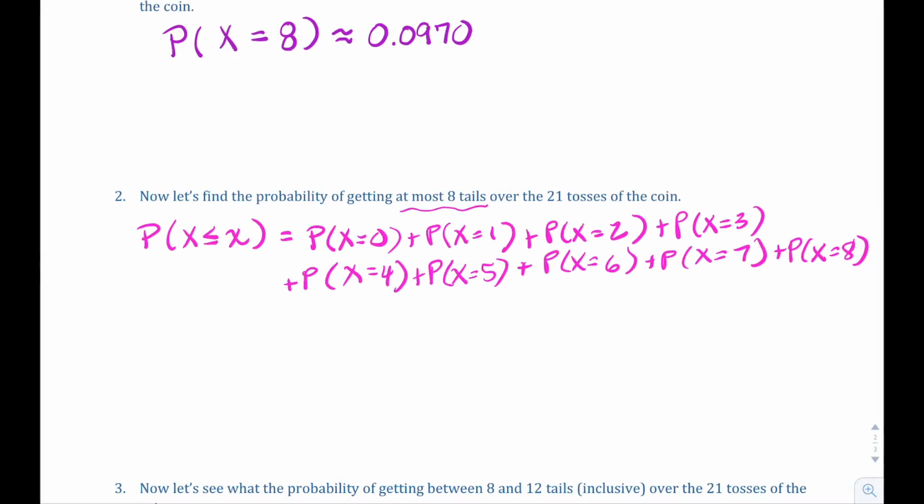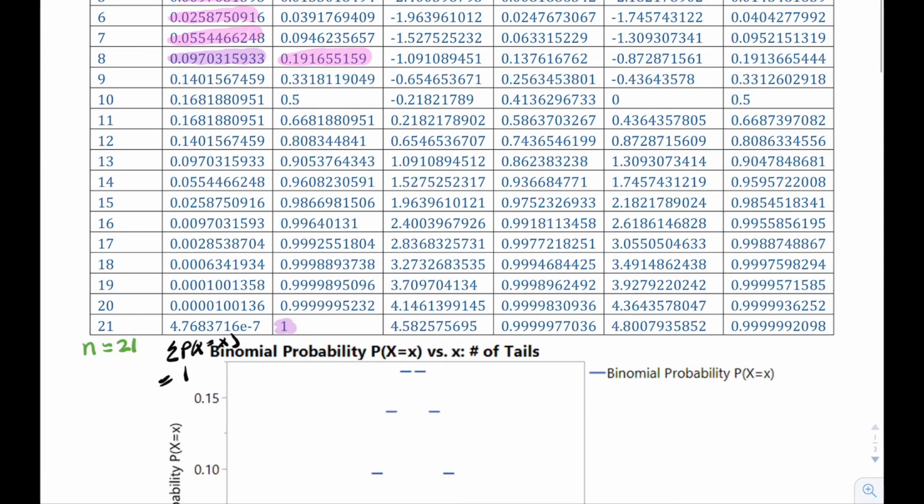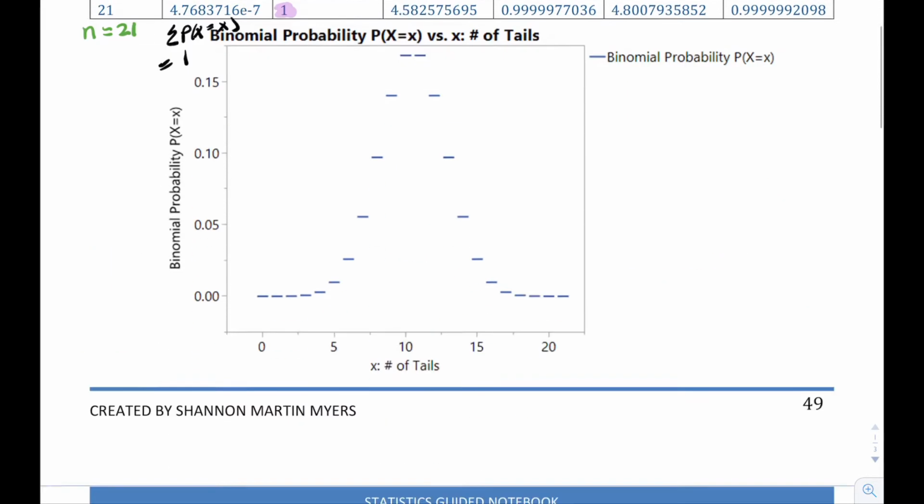Aren't you so glad we don't need to do that? So here, using our cumulative probability, we just go right here and we find that this is approximately 0.1917.